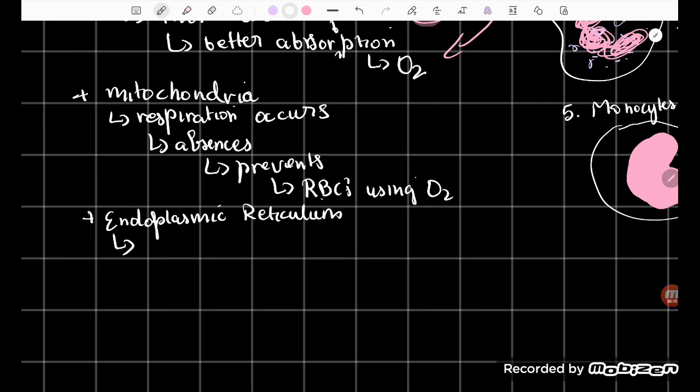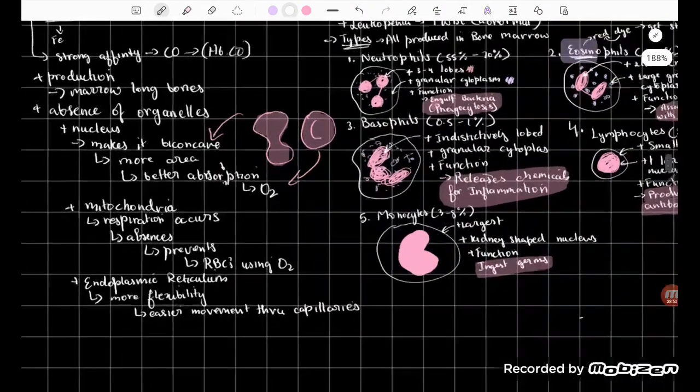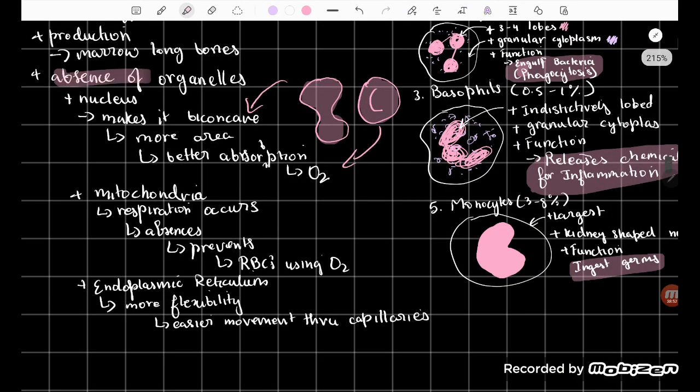No endoplasmic reticulum means more flexibility, so flexibility and easier movement through capillaries. Yay, we did this. Let me highlight all the three: absence of organelles, nucleus, mitochondria, endoplasmic reticulum.